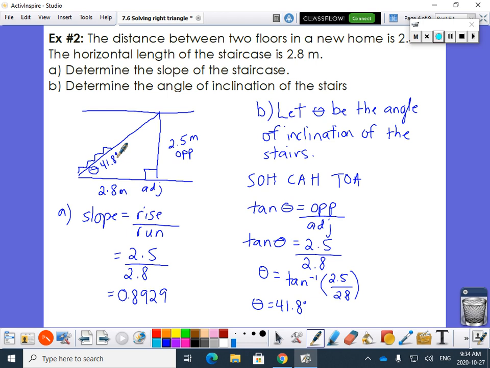And what is our last step when we have word problems? Therefore statement. So therefore, the angle of inclination of the stairs is 41.8 degrees.